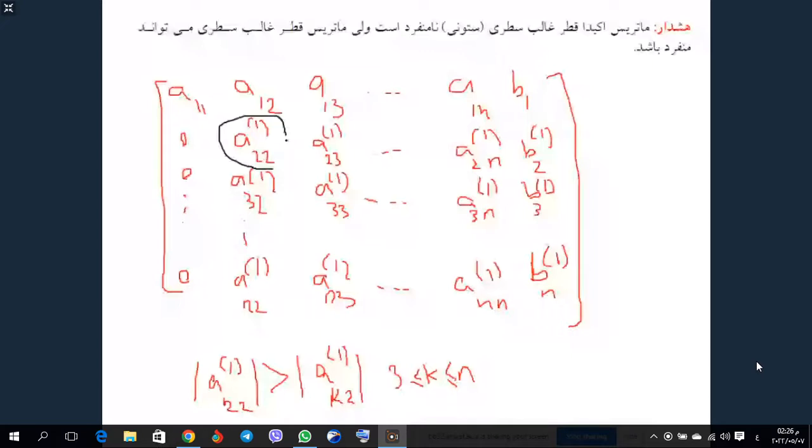And again for the third phase of Gauss elimination and so on.